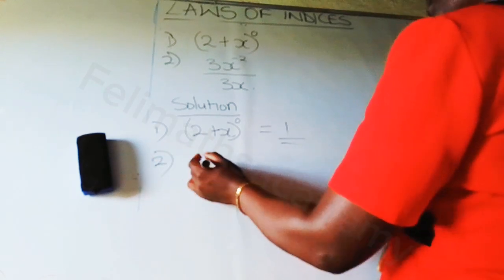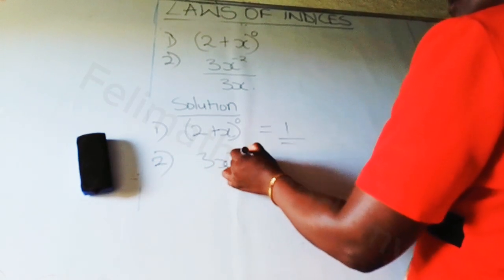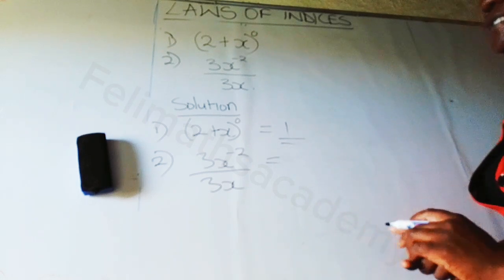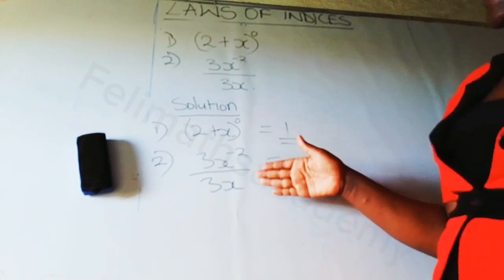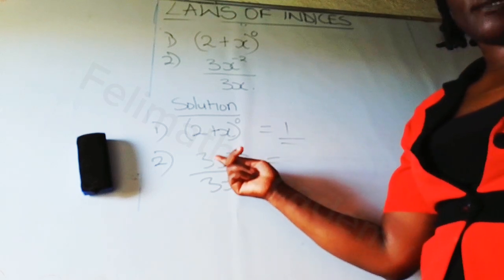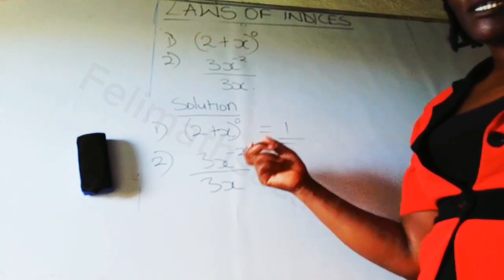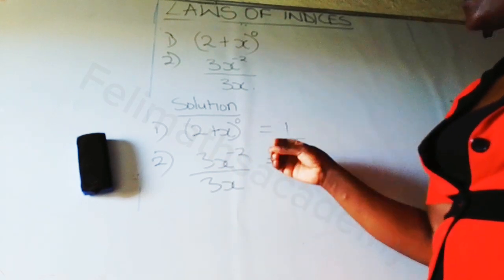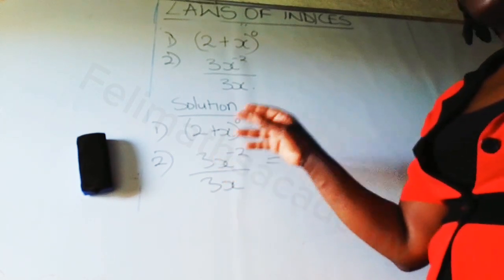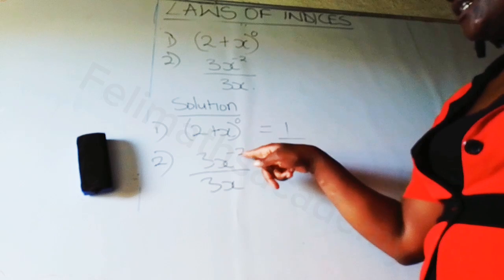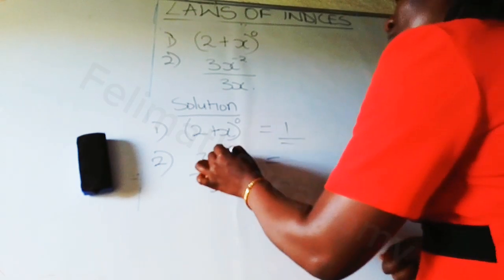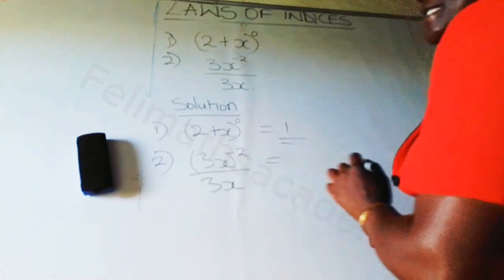Then number 2, 3x to the power negative 2 over 3x. Please, this negative 2 is a power of x only. X is raised to the power negative 2. 3 is not raised to the power of negative 2. If it was, we would have brackets there.